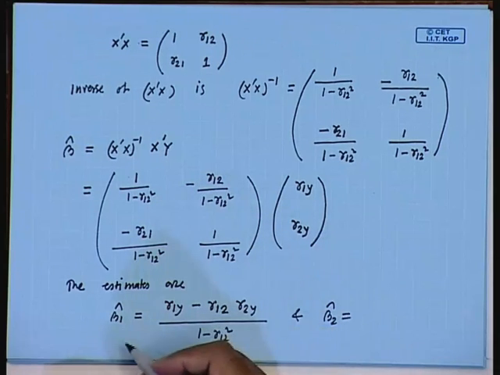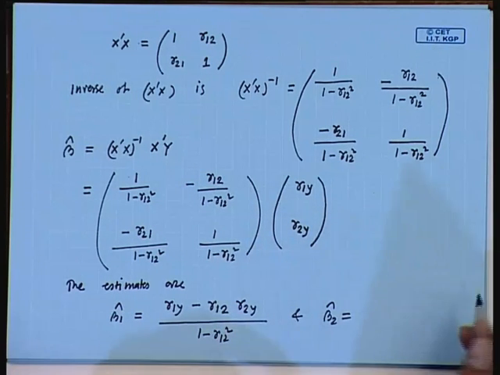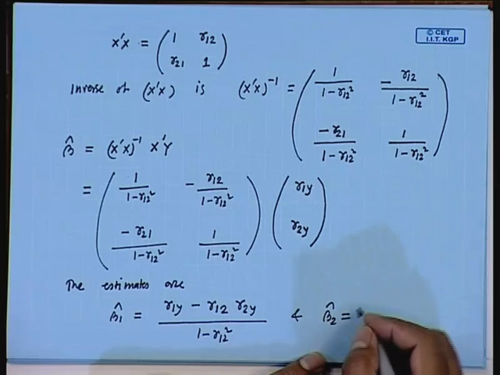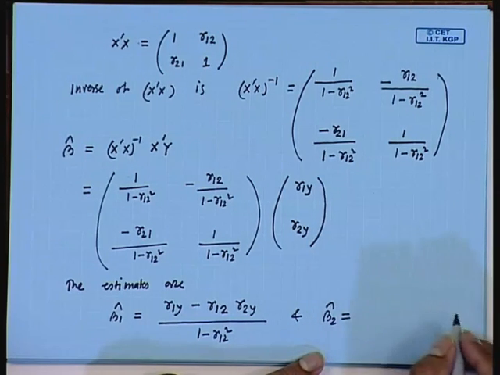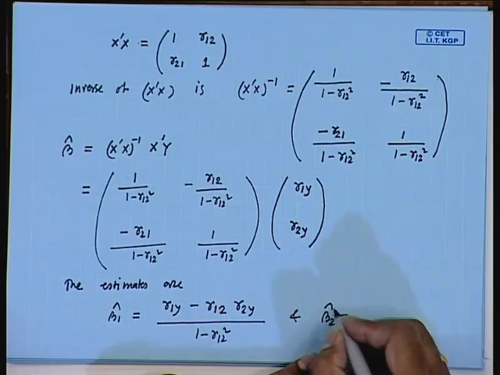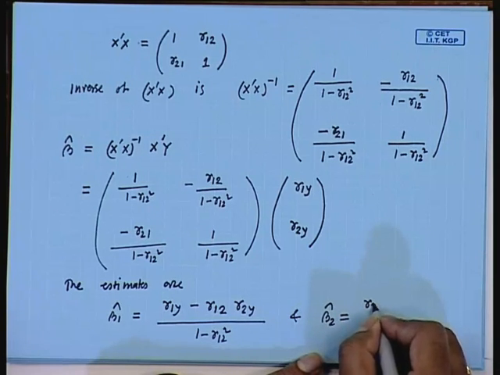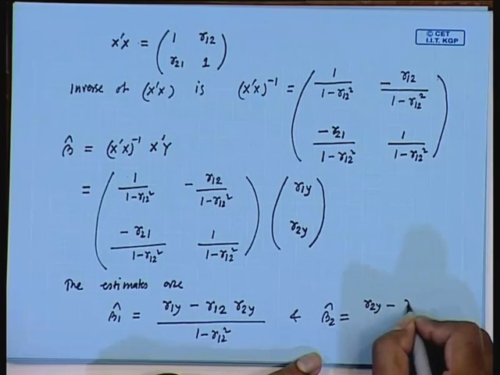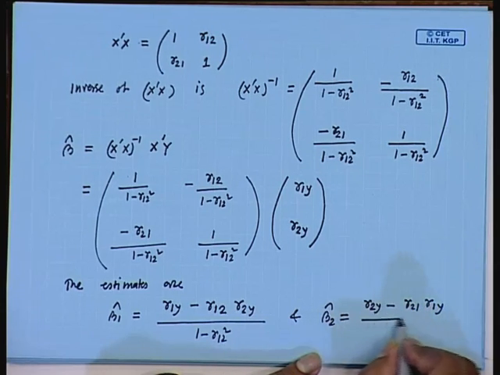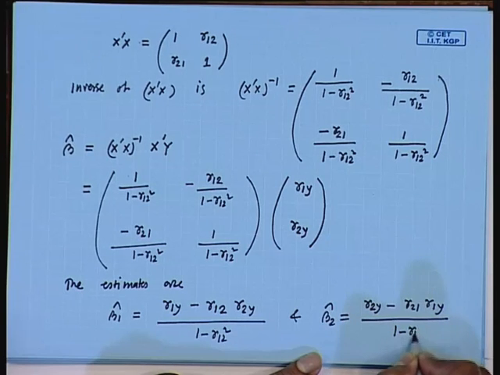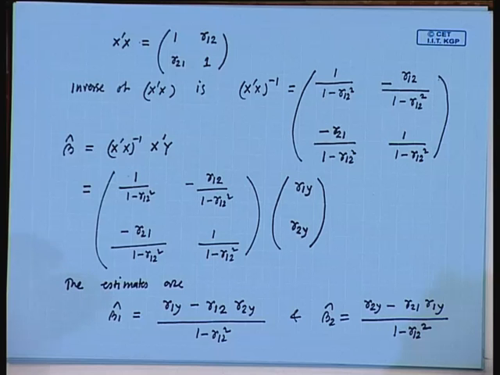So this is basically the least square estimate for the transformed data in terms of the sample correlation coefficient, and beta 2 hat is R2y minus R21 R1y by 1 minus R12 square, right.